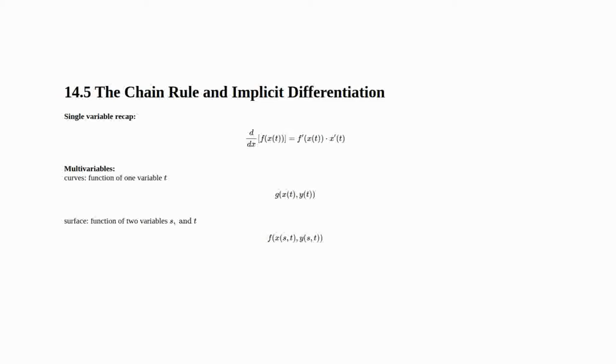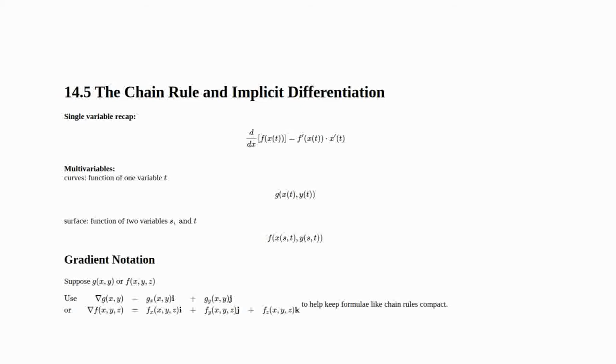So in particular, we'll let g(x,y) be a function of two variables and f(x,y,z) be a function of three variables. Obviously, these things have to be differentiable in their variables, probably continuously differentiable.